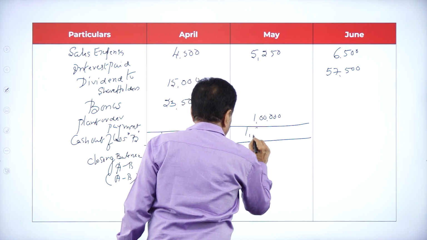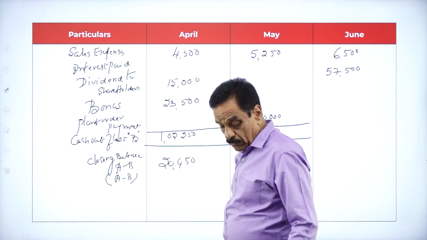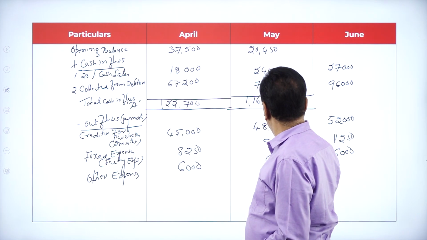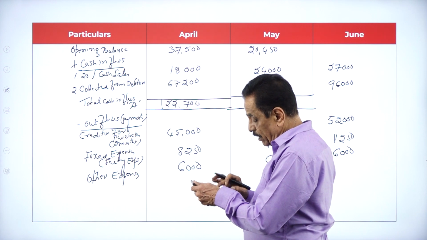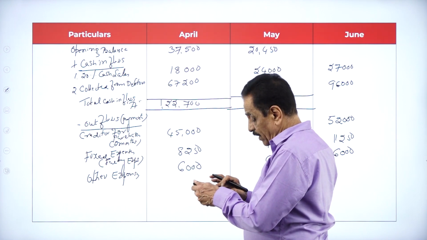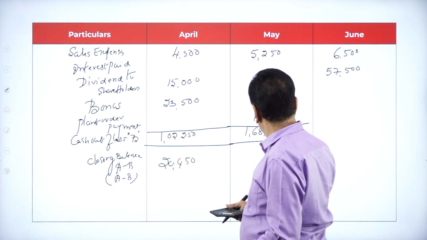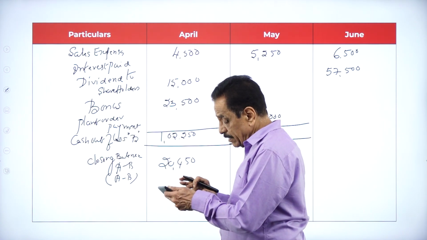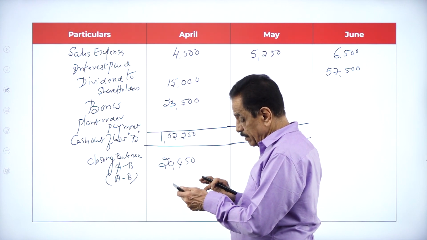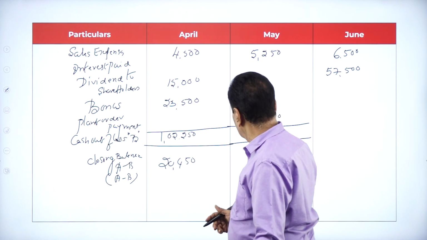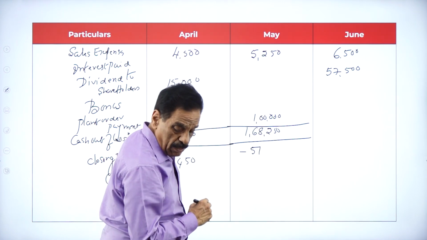1,68,250. What's your inflows? 1,16,116,450 minus 1,68,250 minus 51,800.